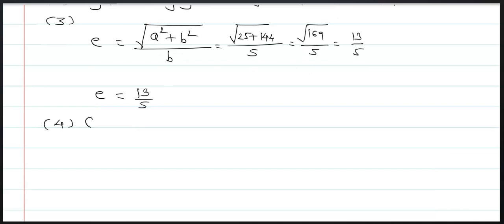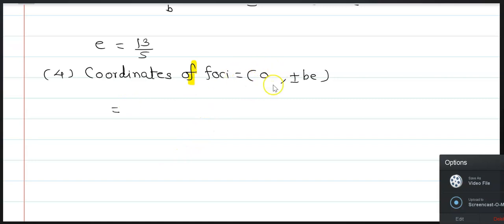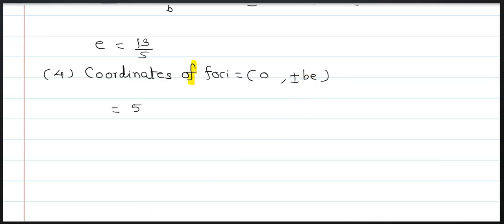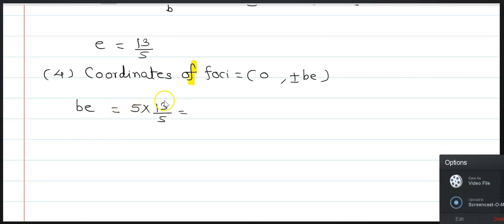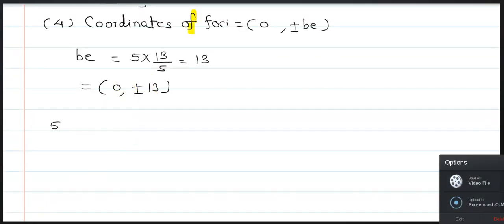Next is fourth one, coordinates of foci, that is 0, plus or minus be. We'll find out the value of be, that is 5 into 13 upon 5, 5 get cancelled, be is equal to 13, and therefore the coordinates of the foci are 0, plus or minus 13.